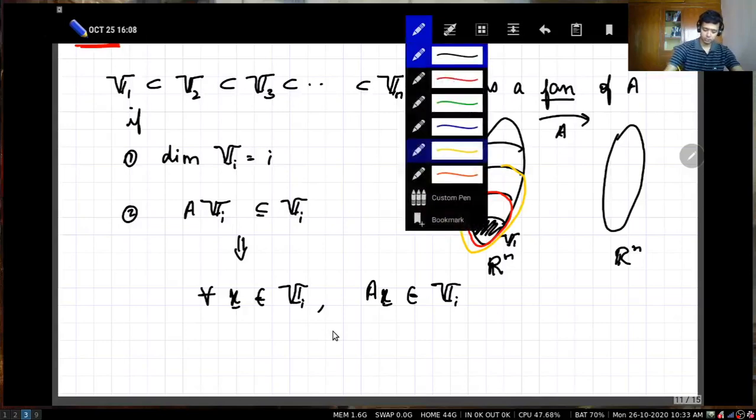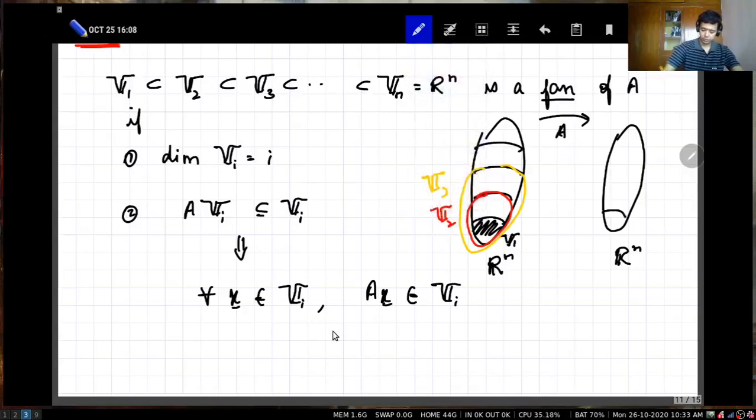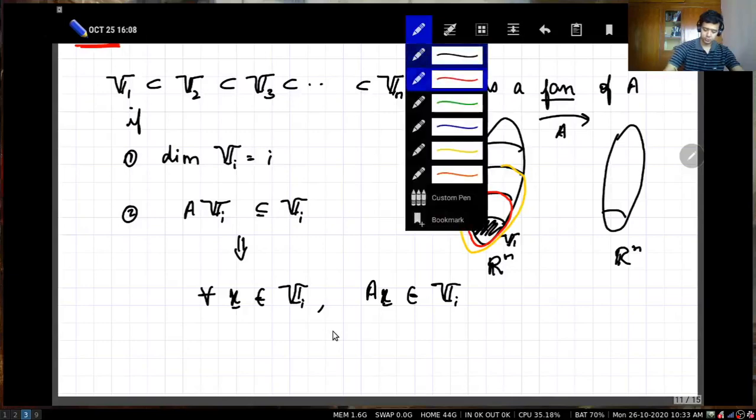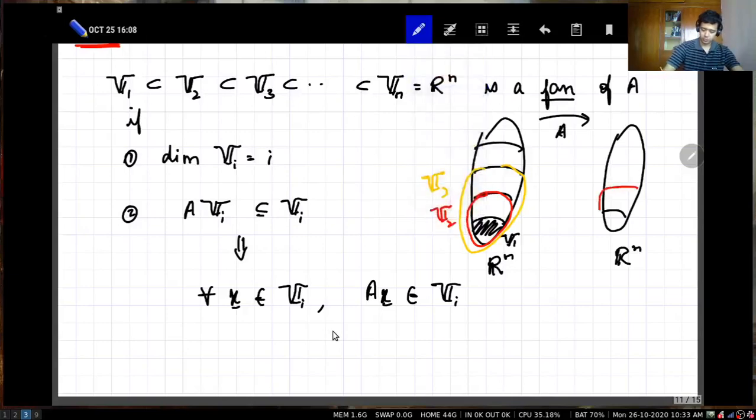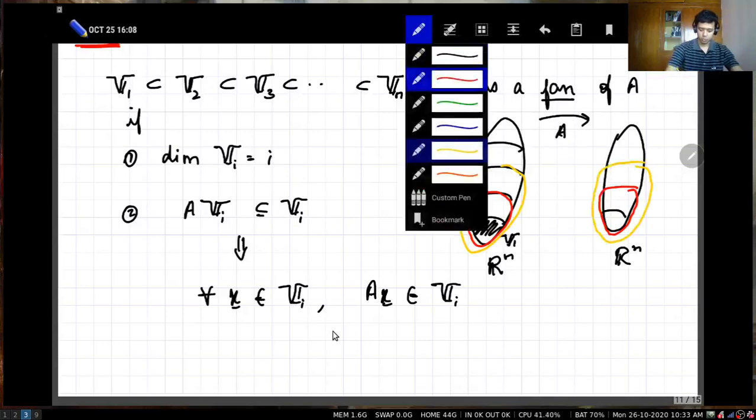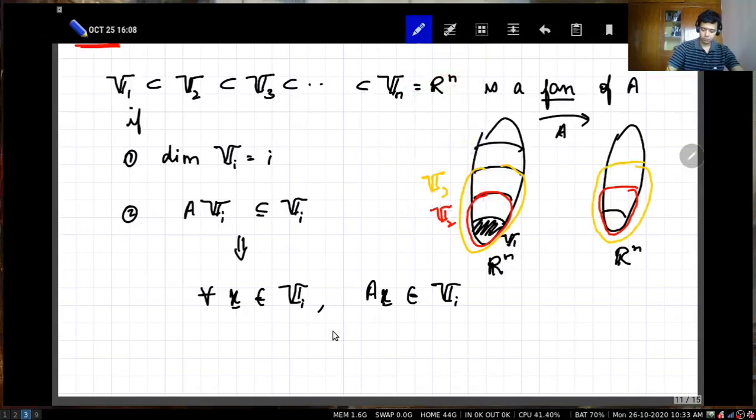Similarly, you have V1, and V2, and V3, and so on. So if you take any point within V1 and you take the linear transformation, it lies in this particular region.